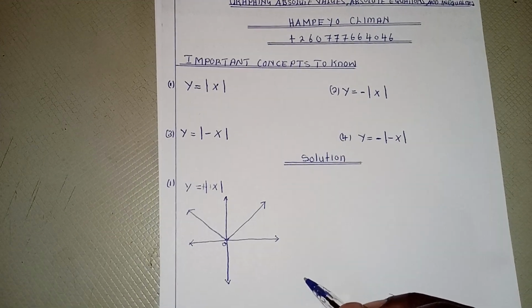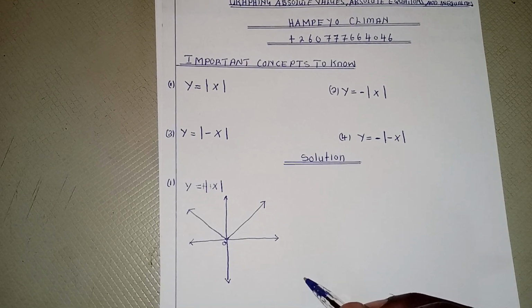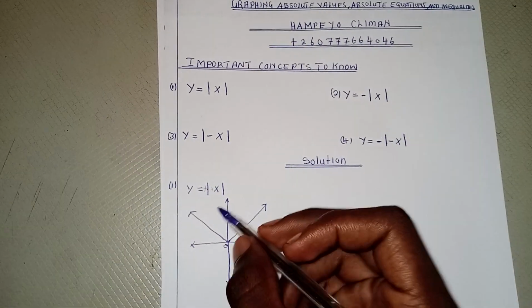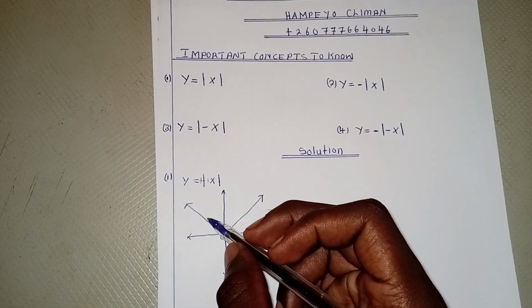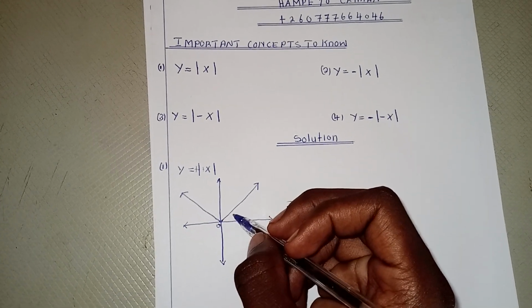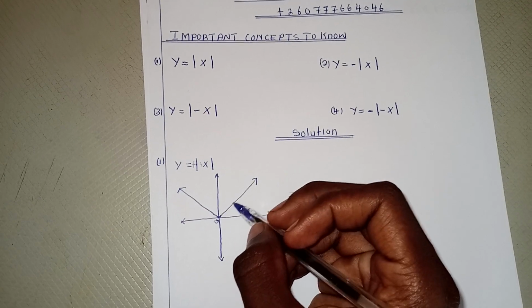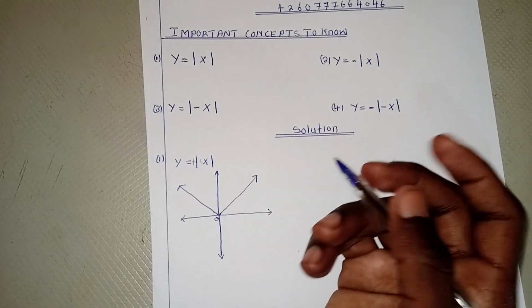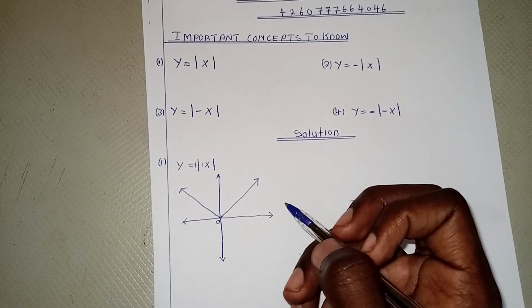Now, if you are to find the range and the domain of this function, when you look at the x, it's going to the negative, and on the positive side, it's also going this side, which is the positive axis of the x-axis.